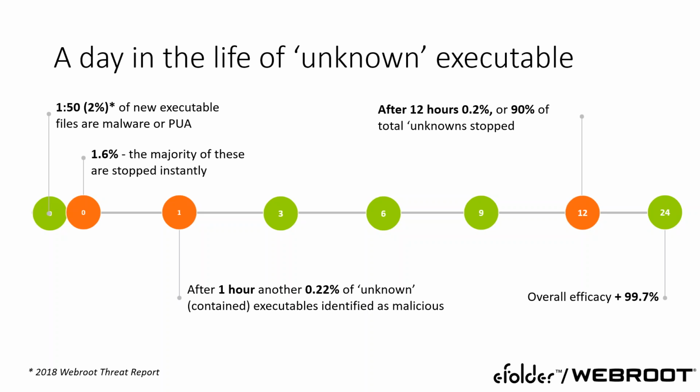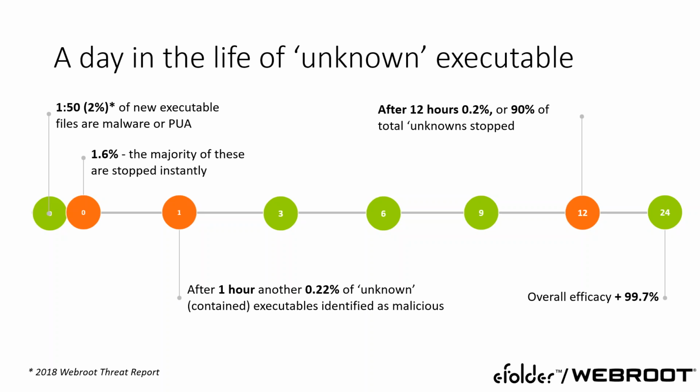So this just gives you a cycle of the fact that last year we saw about 1 in 50 of all new executables we saw on a machine, about 2% of them, were malware, or what we call a PUA, a potentially unwanted application. The majority of those we deal with right away, but sometimes we don't know, and that's a very different sort of approach, because we actually admit we don't know, whereas most of the other companies just say, well, I'm going to block it or allow it, and they make the decision then and there.